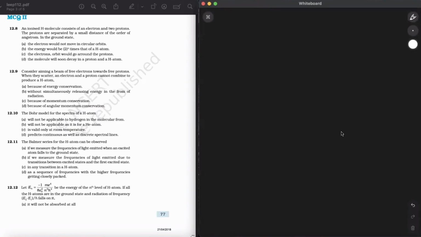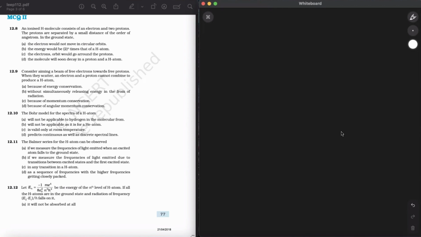Option B: will not be applicable as it is for a helium atom. This statement is also correct for the same reason, because in the helium atom, He 2, 4, the number of electrons is 2, and what we are talking about is a one-electron system. So the helium part is also correct.